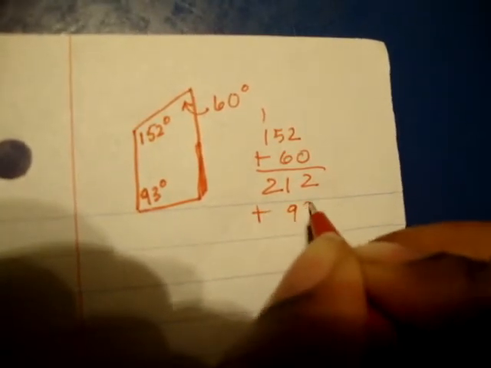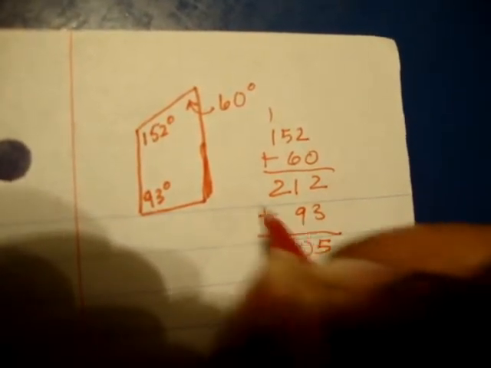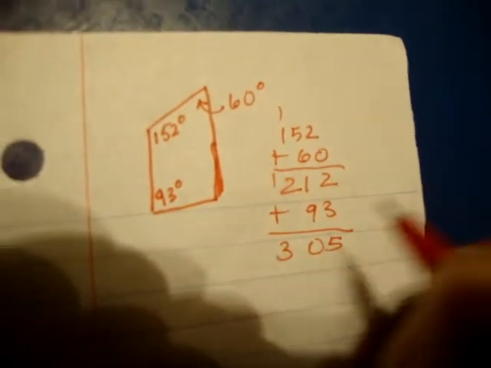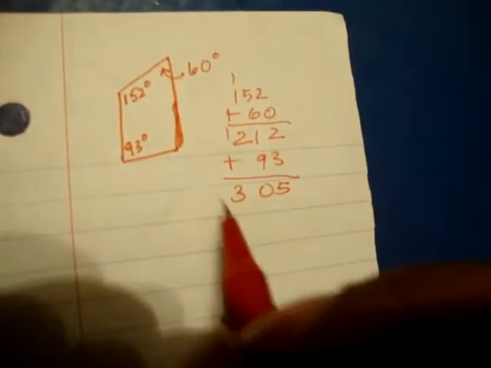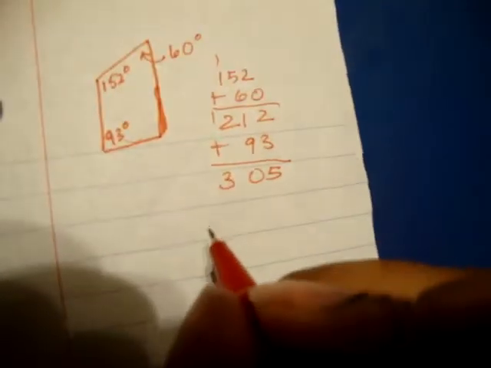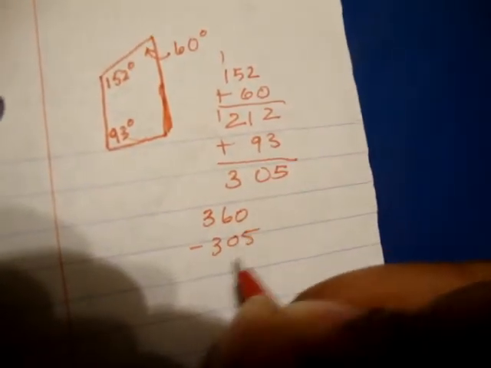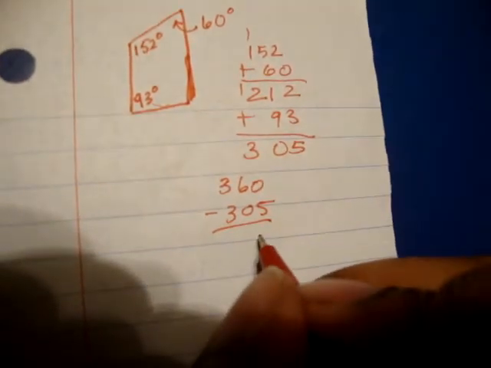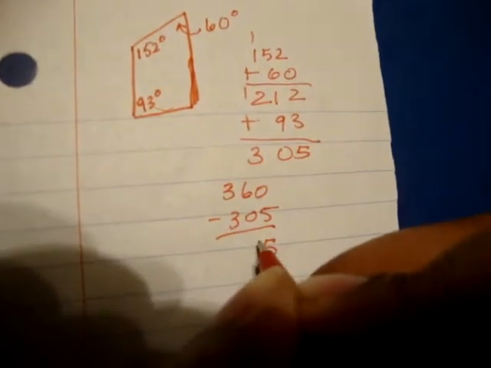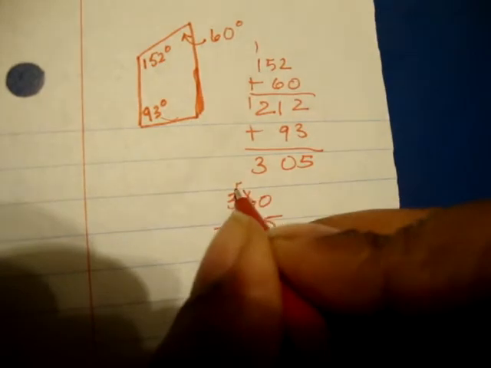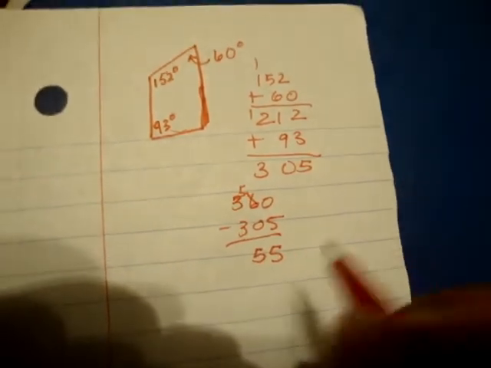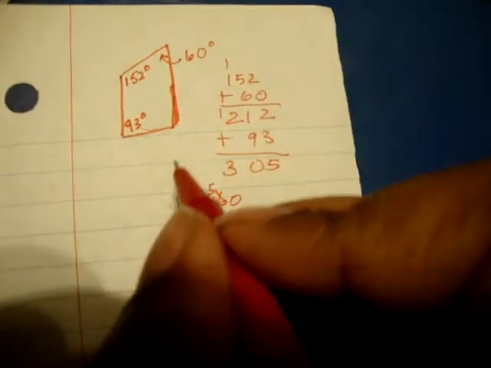We're going to add that to 93, which is 305. We know that these angles have to make up 360. So 360 minus 305 is going to give us 55 degrees. So this missing angle right here is 55 degrees.